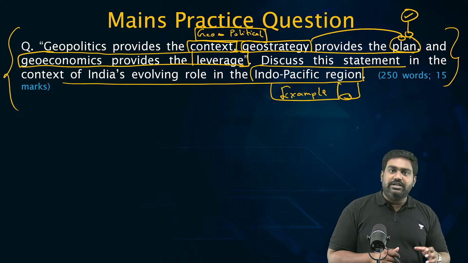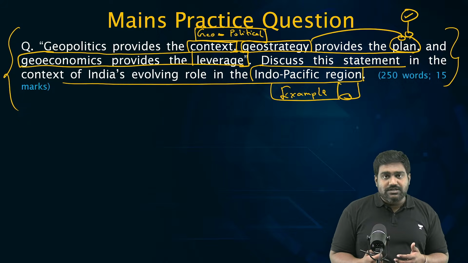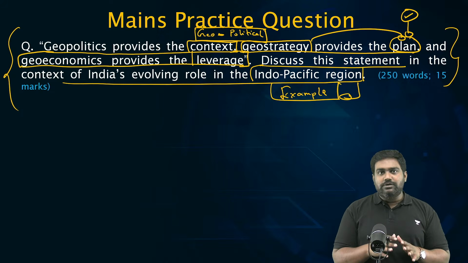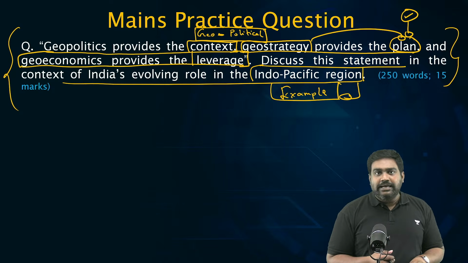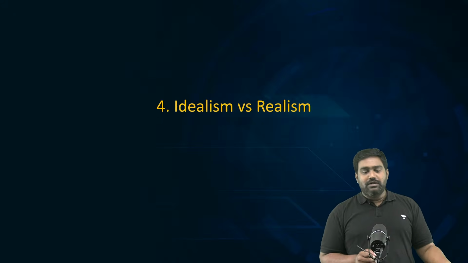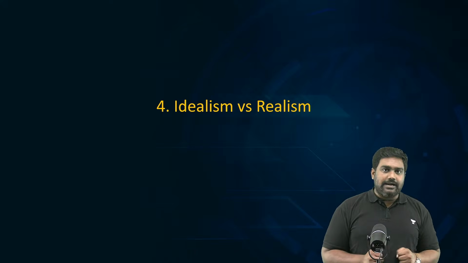What is the geopolitics that you see in the Indo-Pacific? What is geostrategy from India in the Indo-Pacific? What's the economic leverage we have in the Indo-Pacific? This is what you have to discuss. It's quite simple when you break down the statement. So let's hope that all of you will make use of this discussion and try to practice your answer writing.